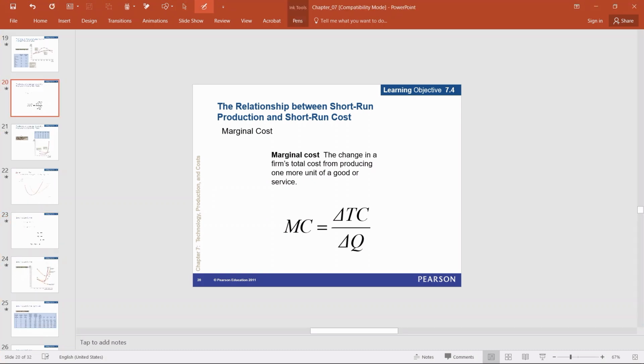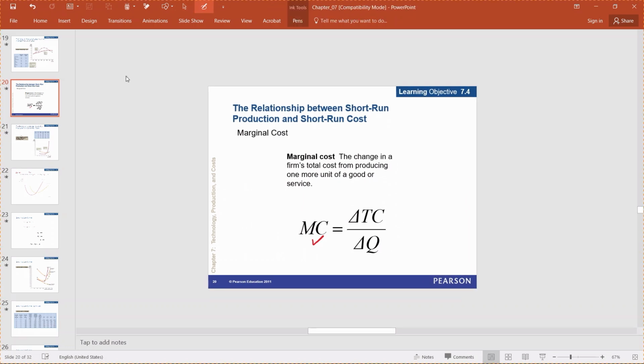Okay, just a quick reminder: when we talk about marginal cost, we have to recall also marginal product, and we have to recall average product and total average cost, so that we do not confuse. So here production and here costs.